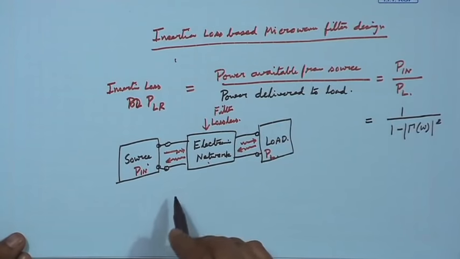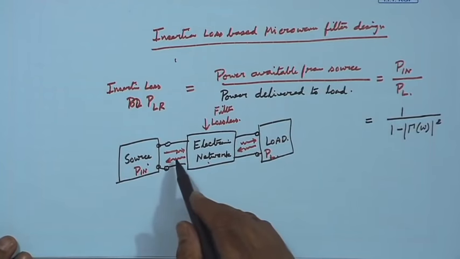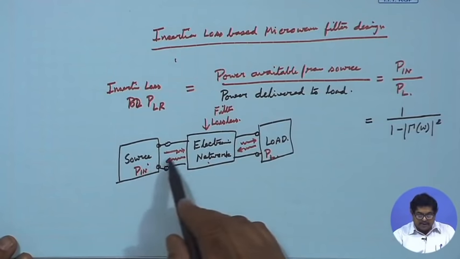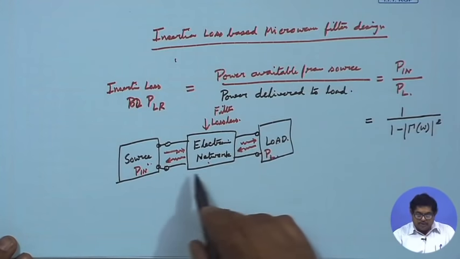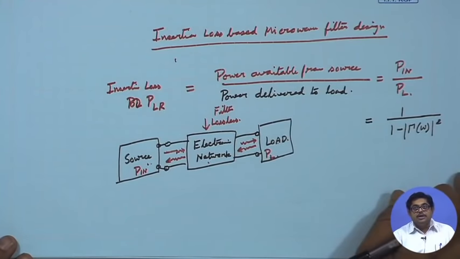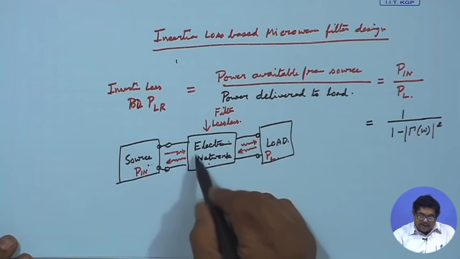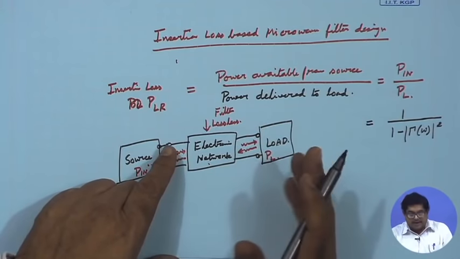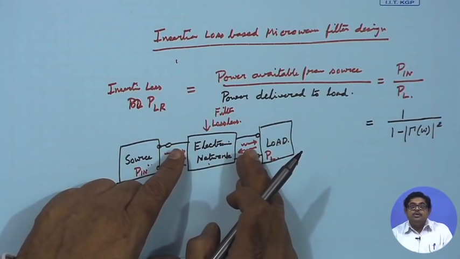Now, if there is no mismatch here, that means already impedance matching has taken place between source and this our filter network, and also between load and our filter network, they need to be like this. So, the reflection coefficient is 0 there, but remember there is one more thing here. This network, whatever power I gave, yesterday also I said that depending on the propagation constant, in the pass band it will flow, but in general a portion of that will go here.